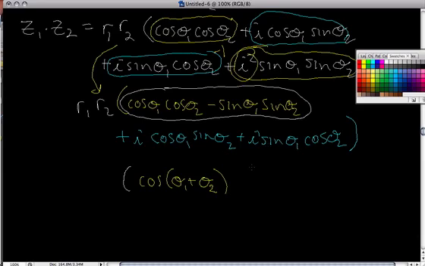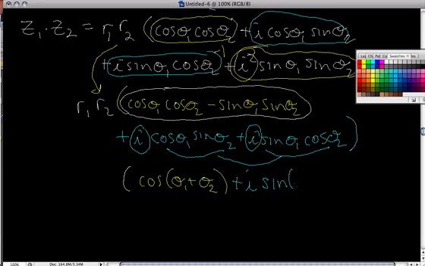And then for the blue terms, there's an i in both terms, so I'm going to pull that out front. It's going to be i, and then this part that's left over, cosine theta 1 sine theta 2 plus sine theta 1 cosine theta 2, is actually the right side of the sum identity for sine.